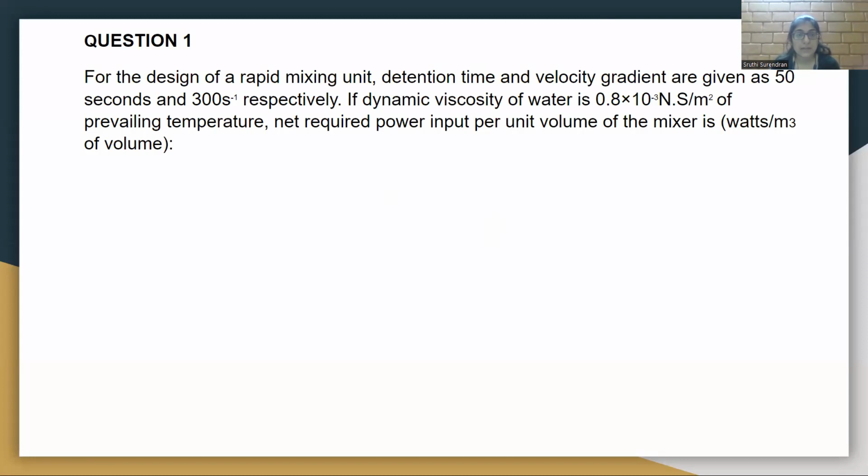They have given the design of a rapid mixing unit, with the detention time, velocity gradient value, and dynamic viscosity value. They are asking you to find the power per volume. It requires the knowledge of just one particular formula. If you know the formula, continue. Otherwise, I'll give you the formula and you can do the problem.